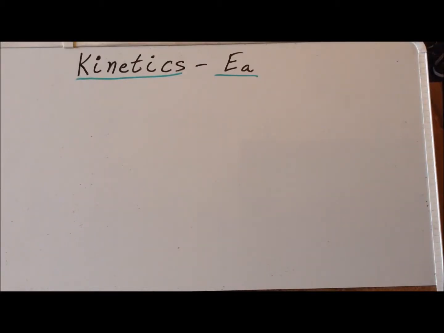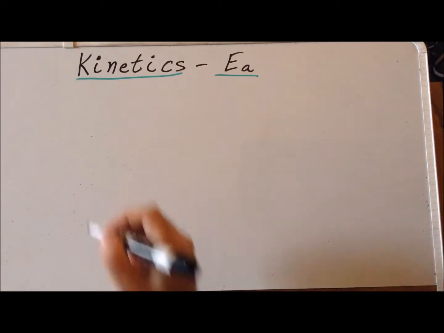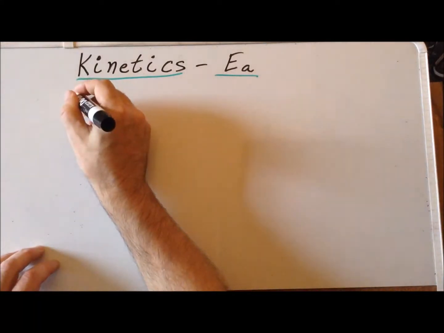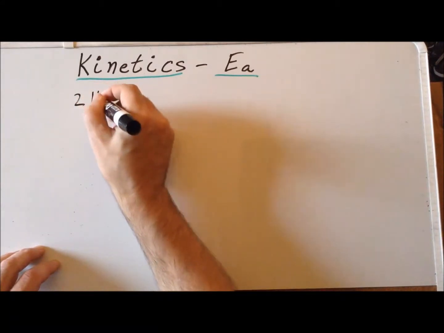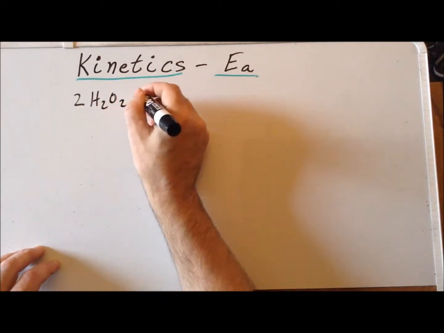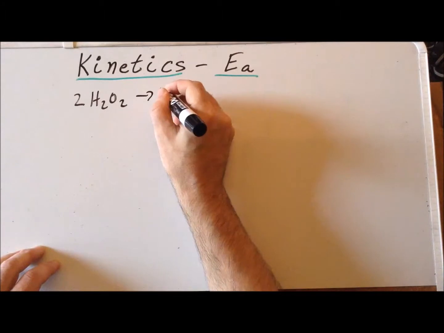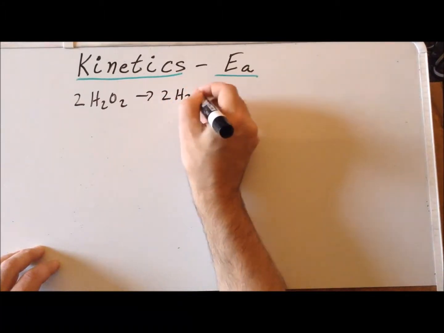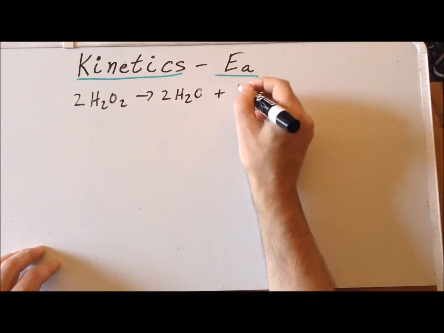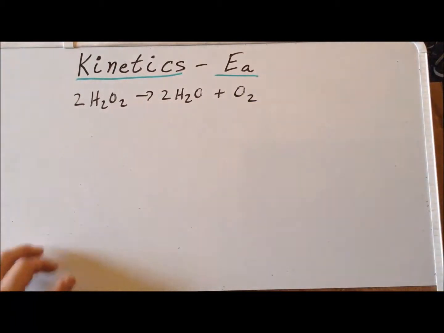Hello. In this video, we are going to solve a problem involving kinetics and the energy of activation. The enzyme catalase catalyzes the decomposition of hydrogen peroxide as follows into water and oxygen gas.